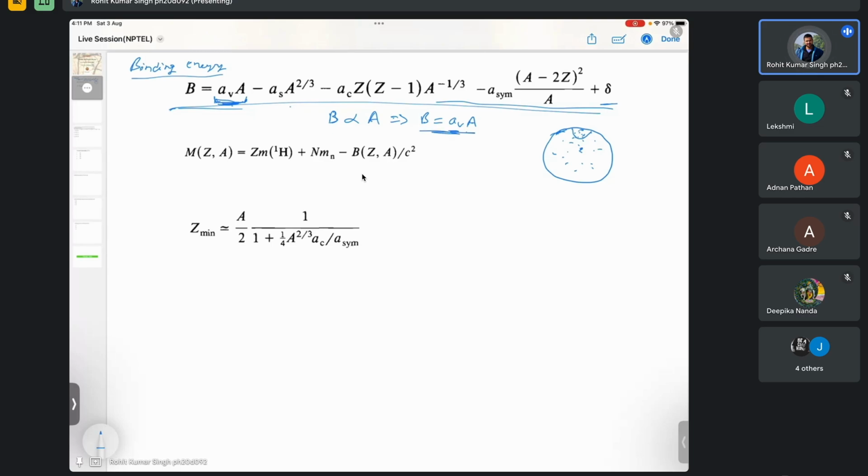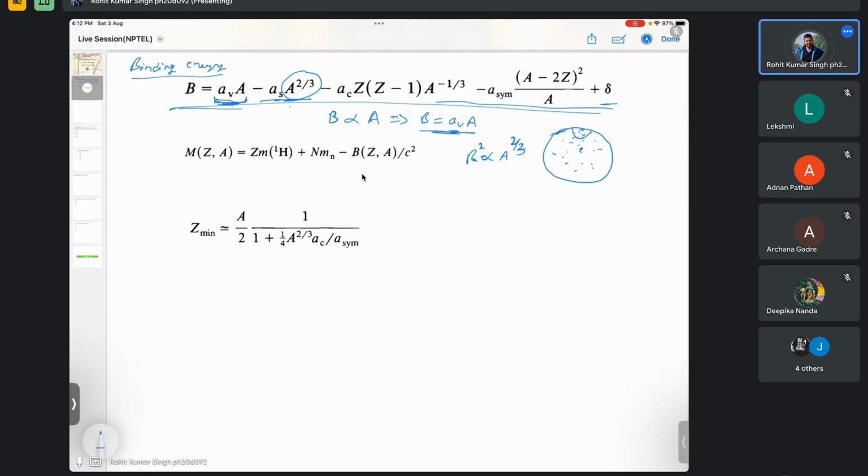That's why we subtract the surface term. So why does this 2 by 3 come up? You know that the radius is proportional to A to the power 1 by 3, and so r squared gives you A to the power 2 by 3, right?